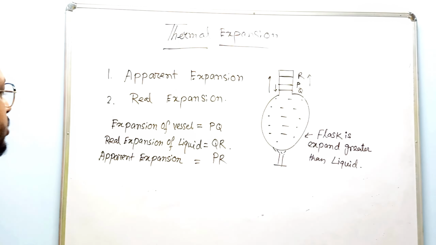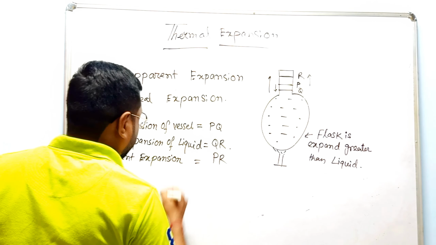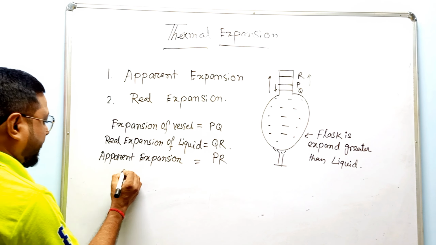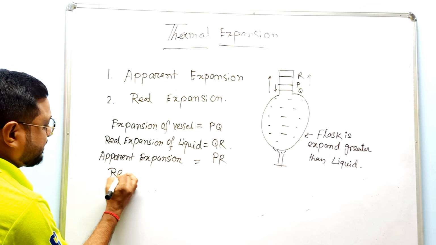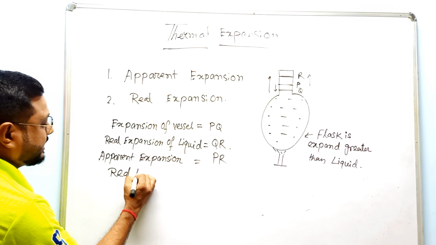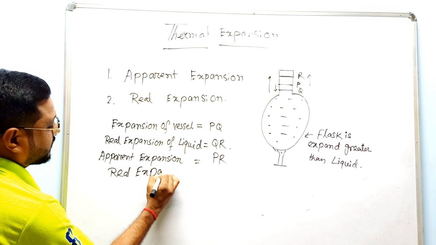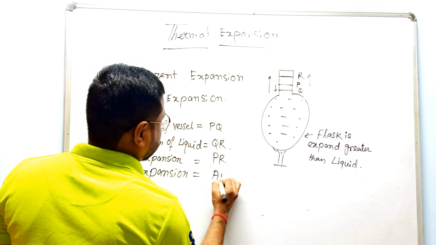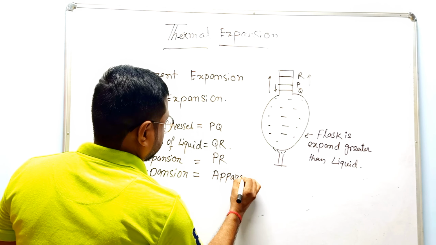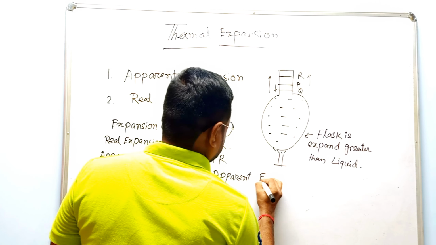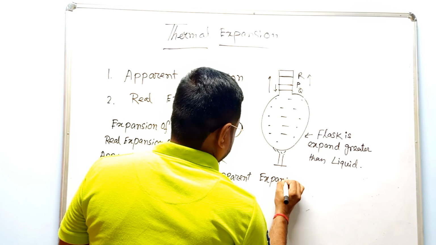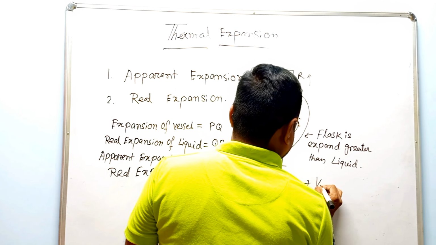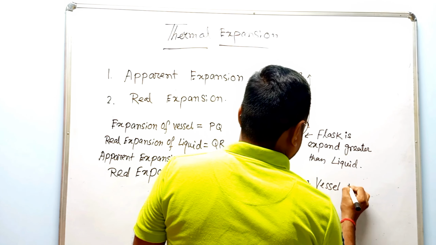So there are three types of coefficient of volume expansion, and there is a relation between the three types of expansion, that is, real expansion must be equal to apparent expansion plus vessel expansion.